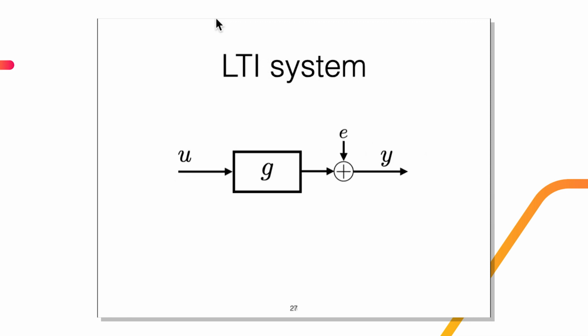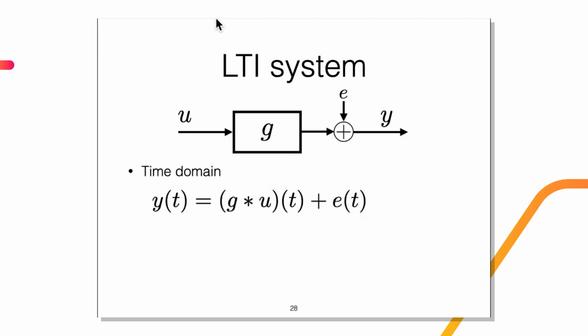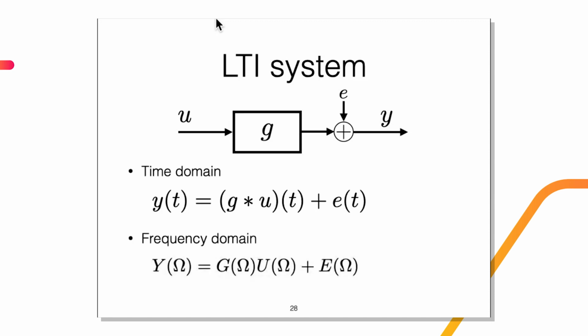In the time domain, the relationship between these signals is as follows: the output Y is equal to the impulse response convolved with the input signal U. What about the frequency domain? The frequency domain is actually easier, namely the output is equal to the multiplication of the transfer function and the input spectrum plus the spectrum of the noise.